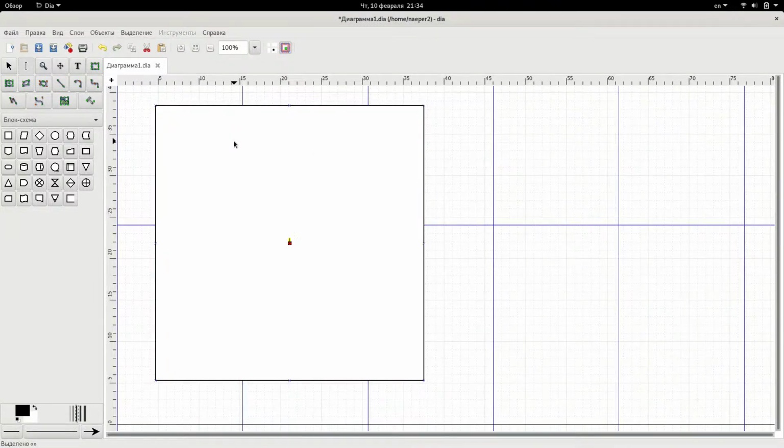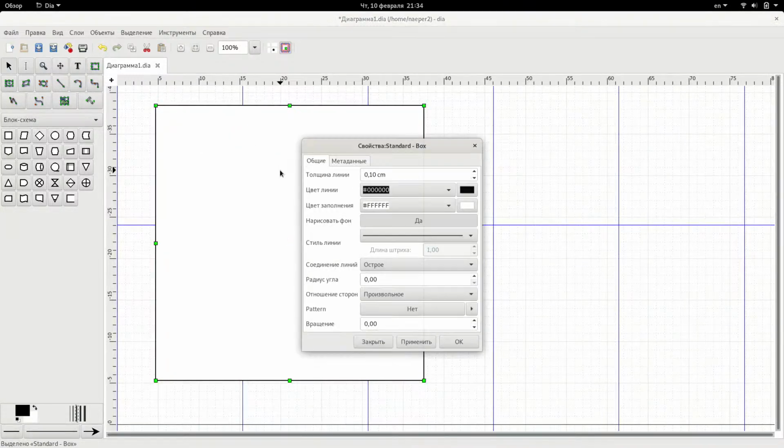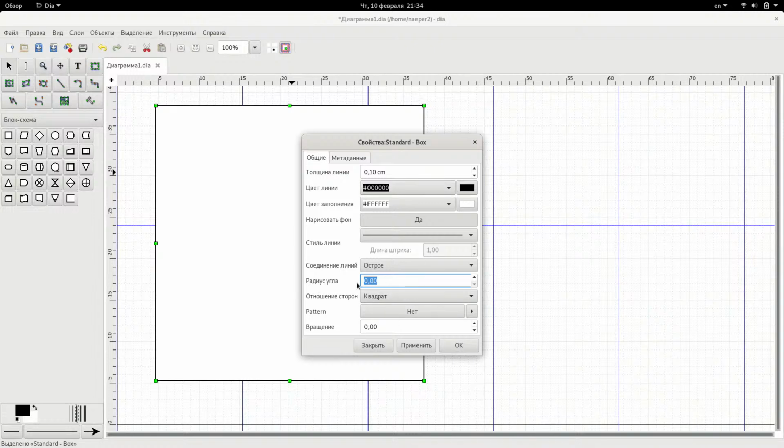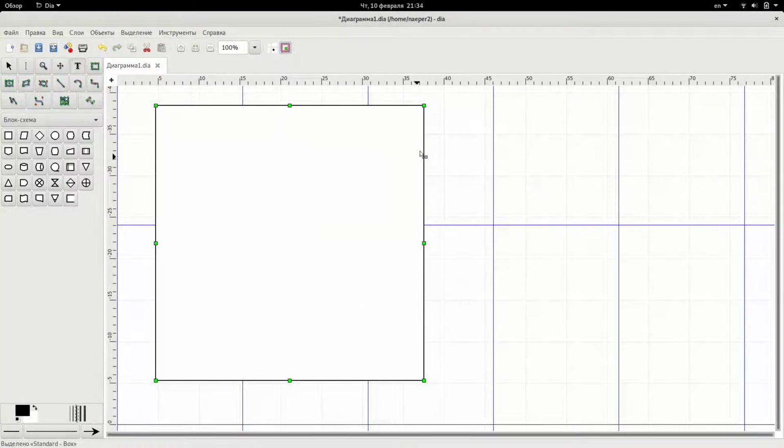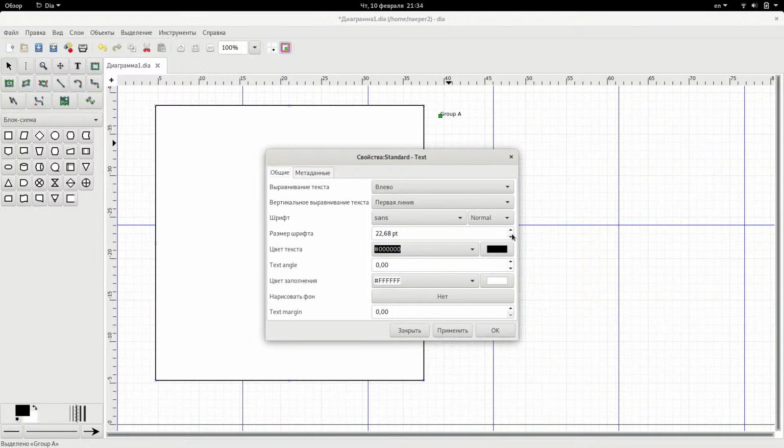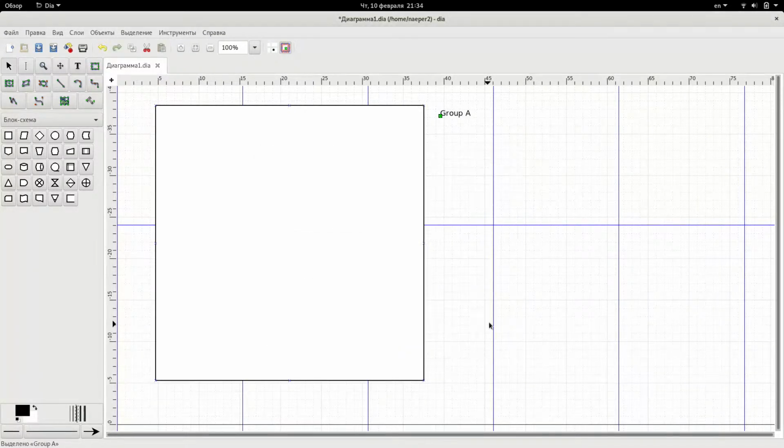Group A, let's name it so. Yes, we are again beginning from the boring things.